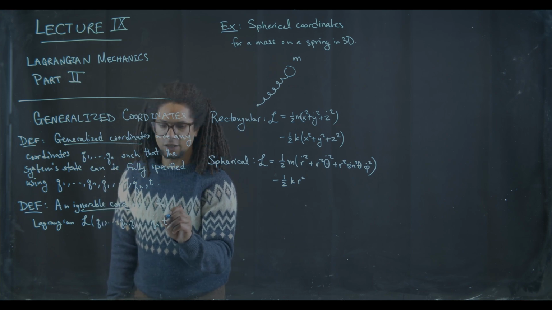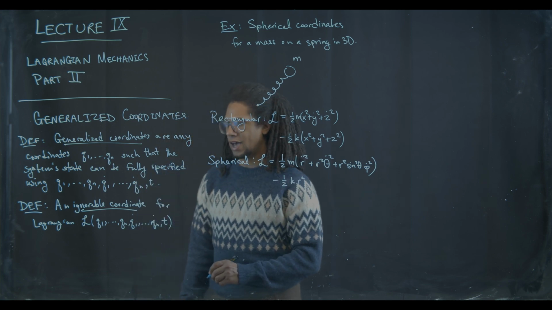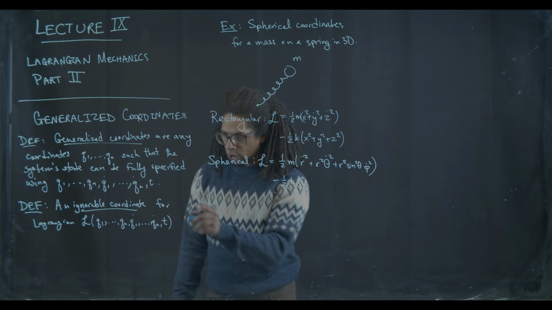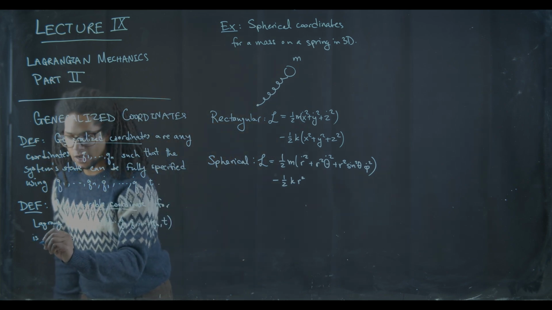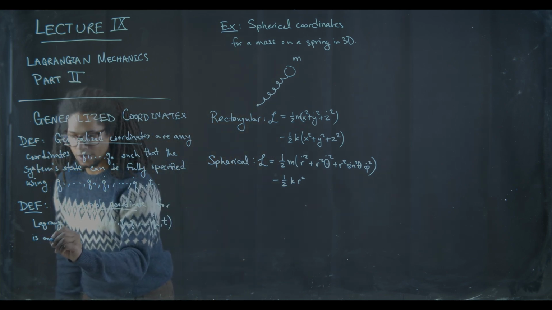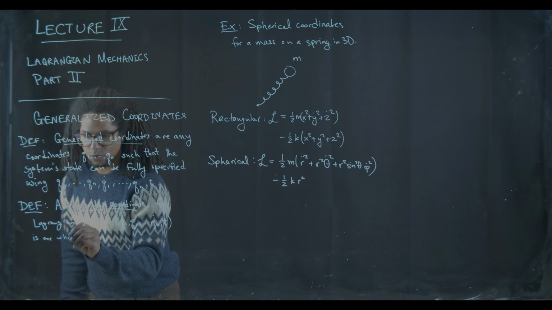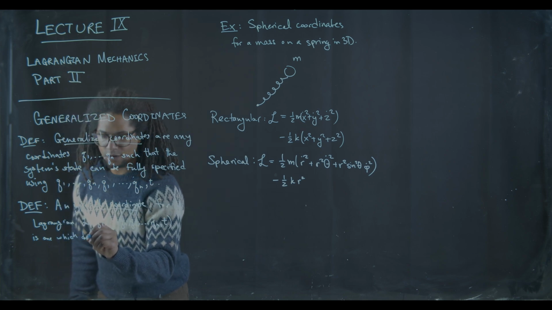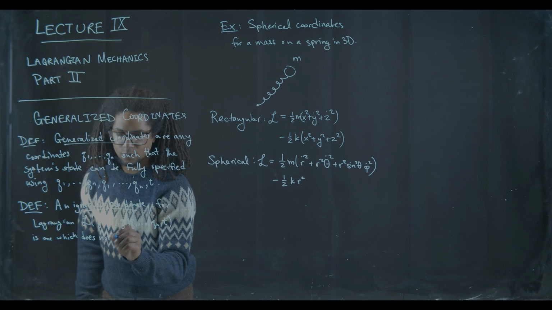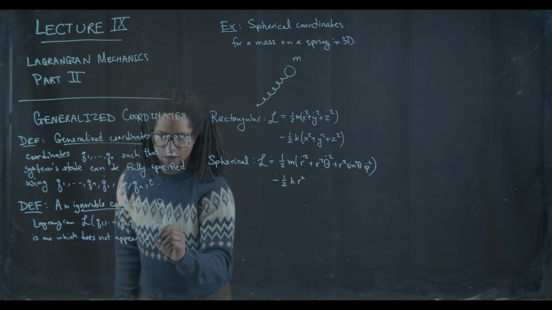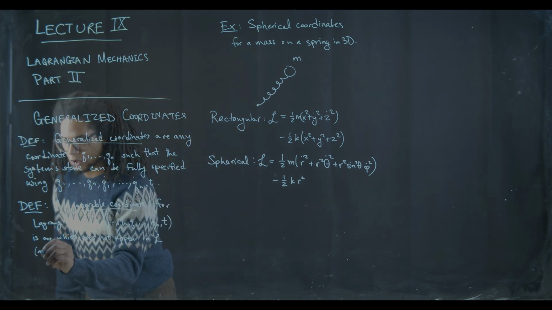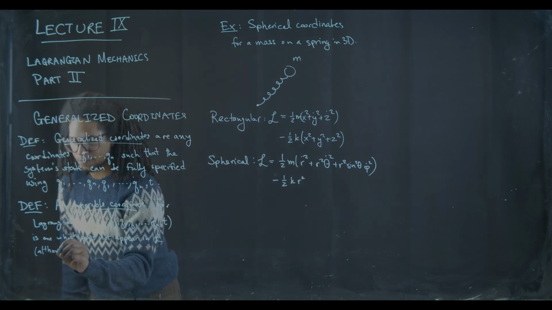So this is the particular set of generalized coordinates that we have. An ignorable coordinate for this Lagrangian is one which does not appear in L, although its first derivative may appear.